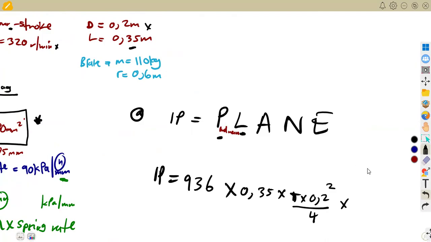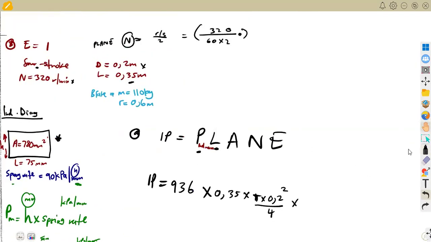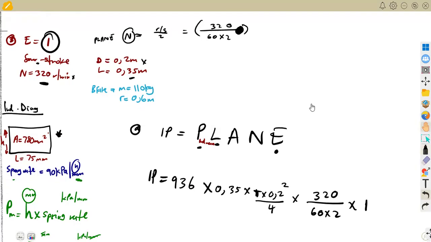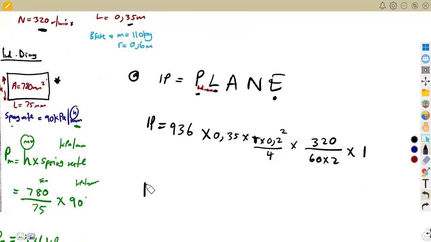Remember, we talked about this n used in the plan formula, and how you adjust it depending on the strokes. So we got 320 over 60 times 2, times the number of cylinders. How many cylinders do we have? Just one. That will give us the indicated power in kilowatts, because we used the indicated mean effective pressure in kilopascal.